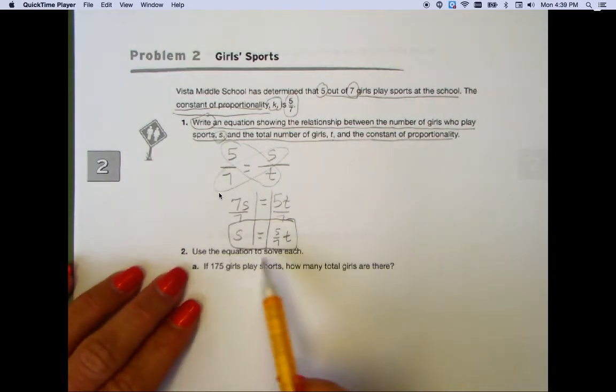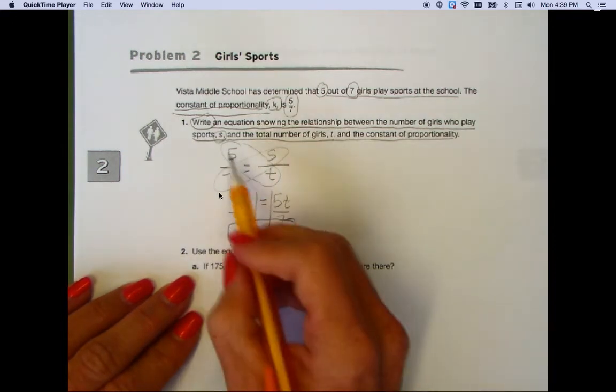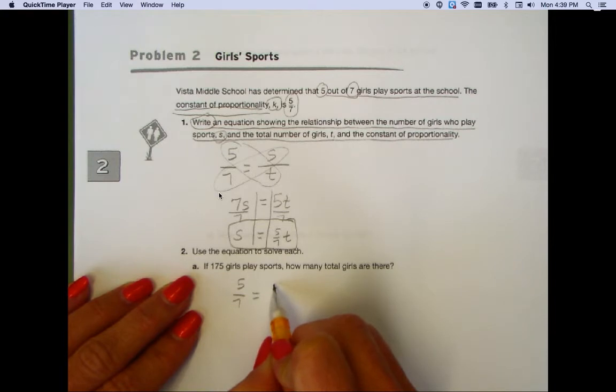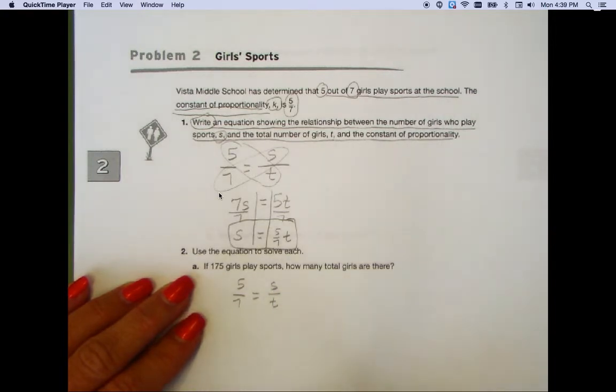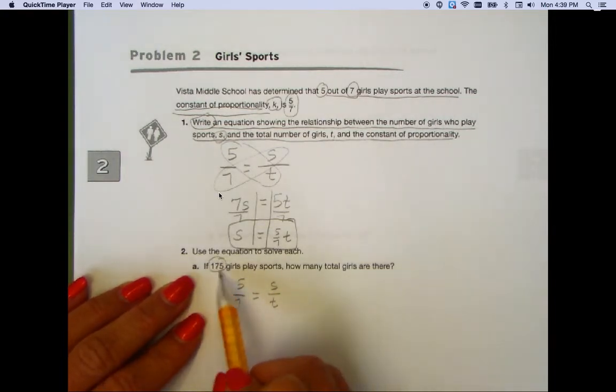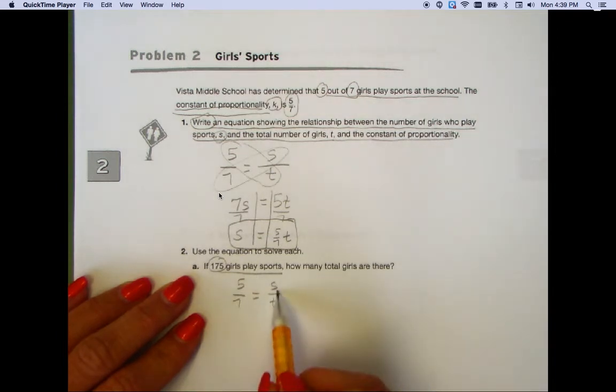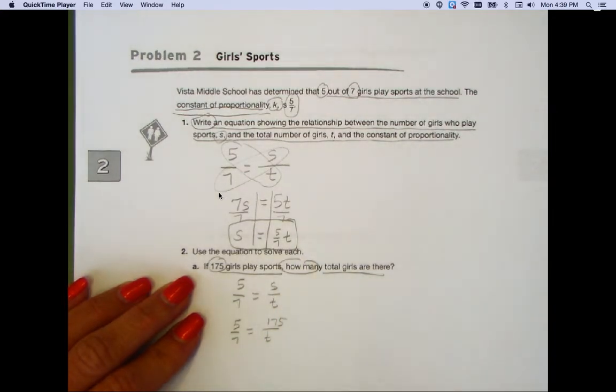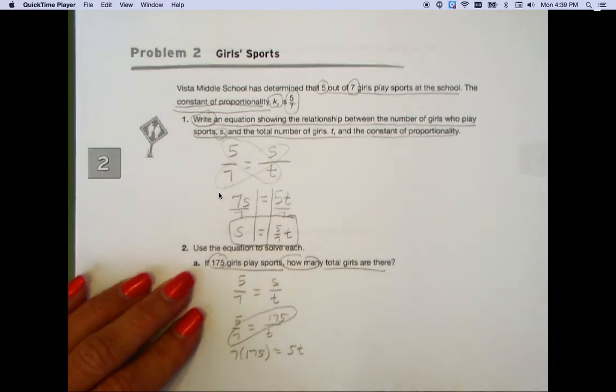So now it tells me to use the equation to solve. So I'm going to go back to this because I think that's a little bit easier. 5/7 equals S over T. If 175 girls play sports, that goes right here. So 5/7 equals 175 over T. They want to know how many total girls there are. So I'm going to figure this out. I'm going to use means and extremes. 7 times 175 equals 5T.